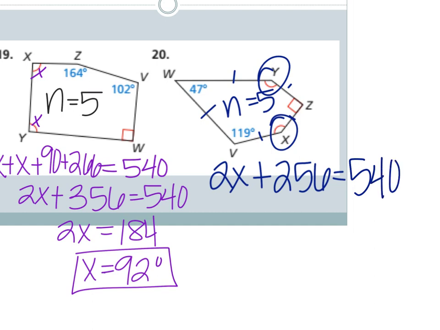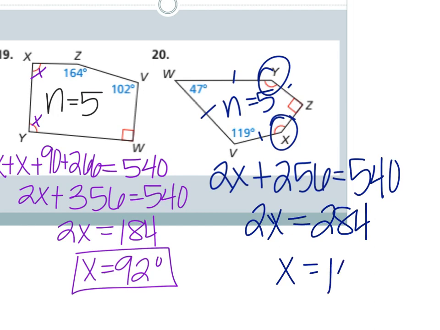I subtract 256 from both sides and get 284. So 2x equals 284. When I divide both sides by 2, I get 142.